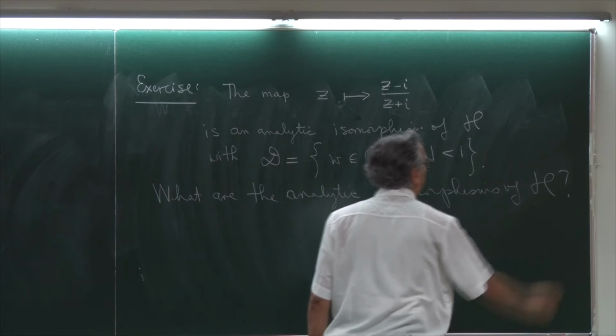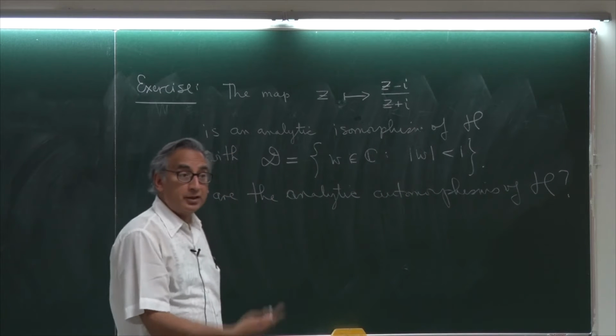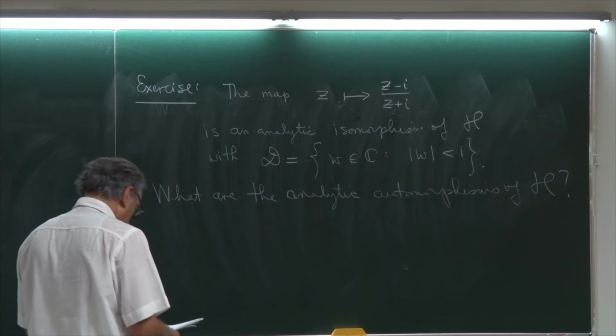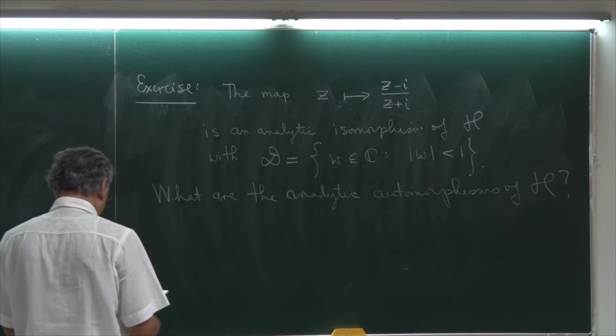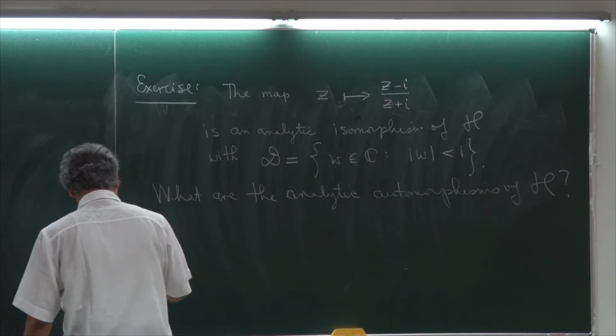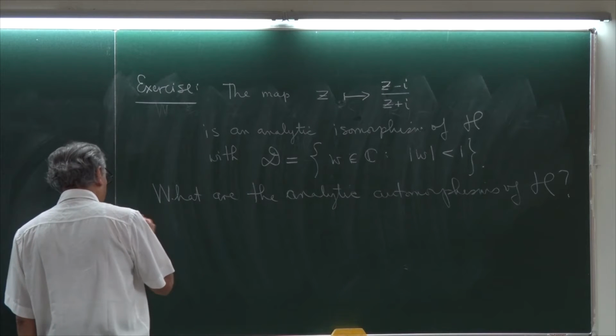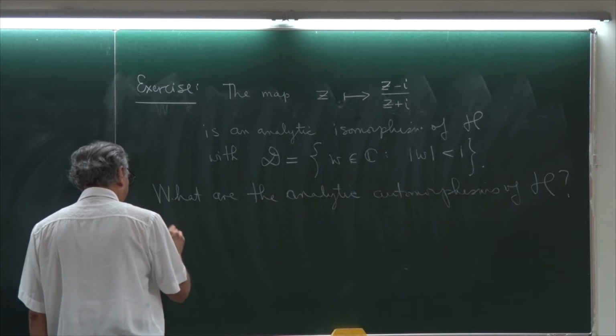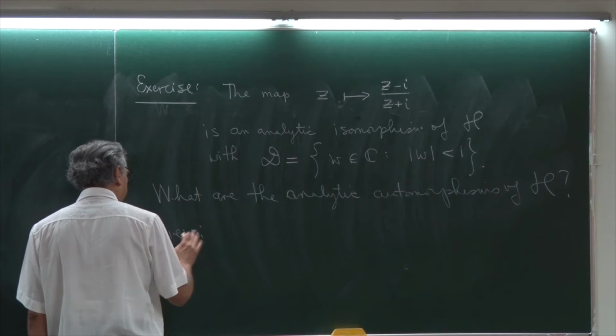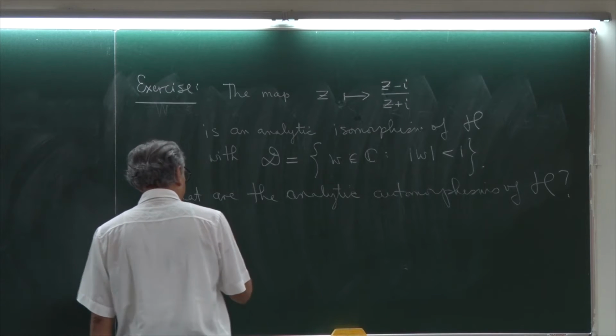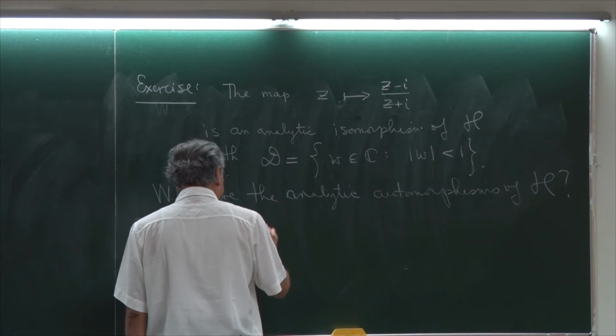So maps that go from H to H, which are holomorphic maps. So in order to do this, I just need to make sure that everybody has a small review of some complex analysis.